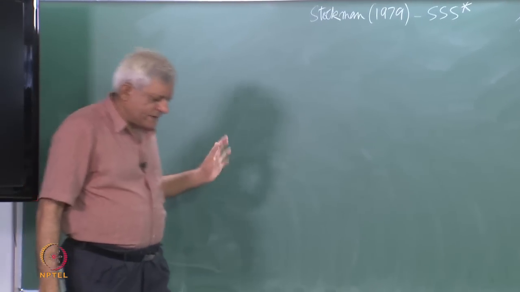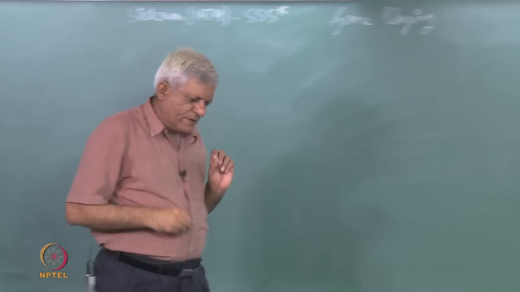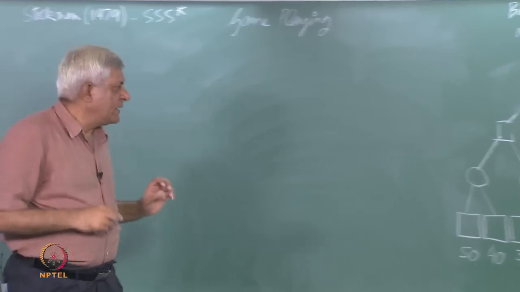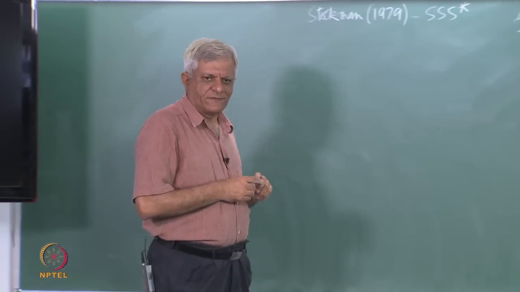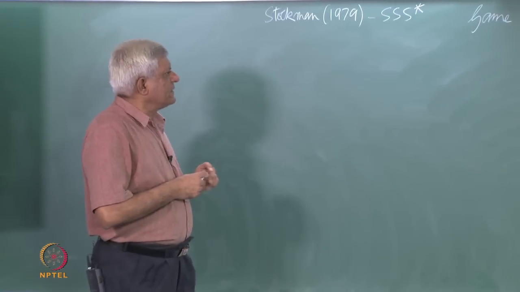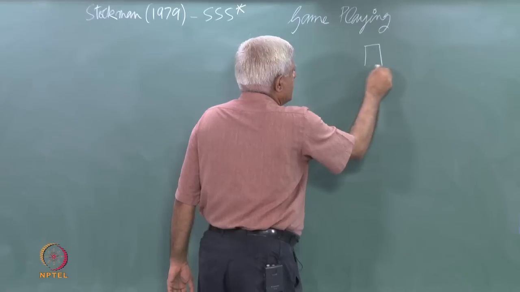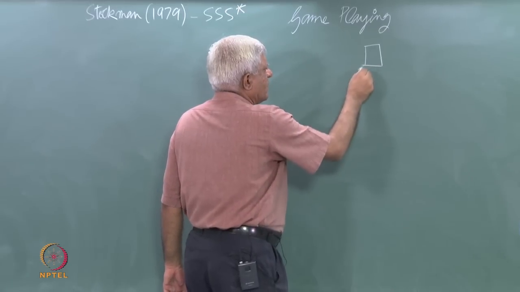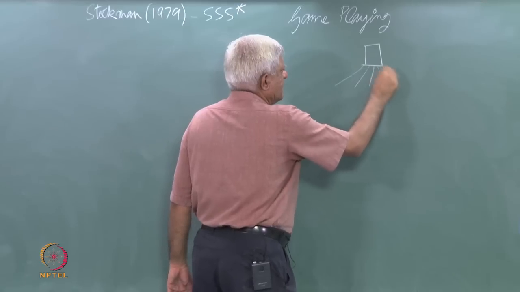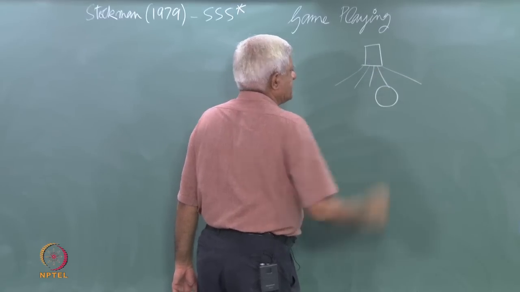Now, to understand this algorithm, first we must understand the space in which this best first search will happen, and look at what Max does. So, Max is playing a game. Of the many choices that it has available, it makes one choice.